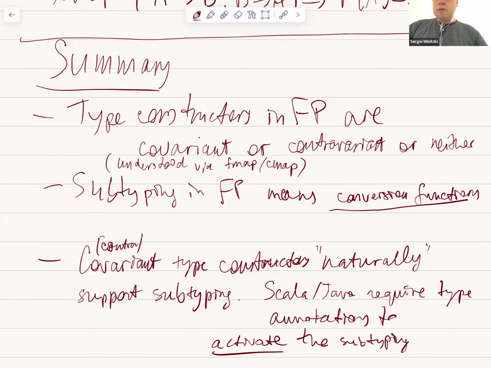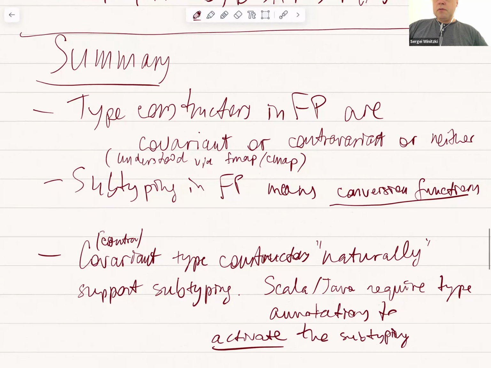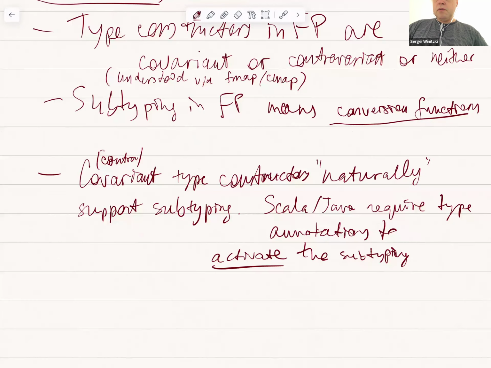So the compiler will actively insert those conversion functions, so to speak, behind the scenes. If you don't activate the subtyping feature, then it will not. So the subtyping feature can be turned on and off, but the covariance must be there to begin with, or contravariance.